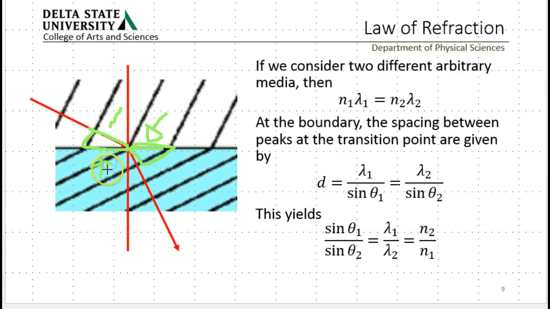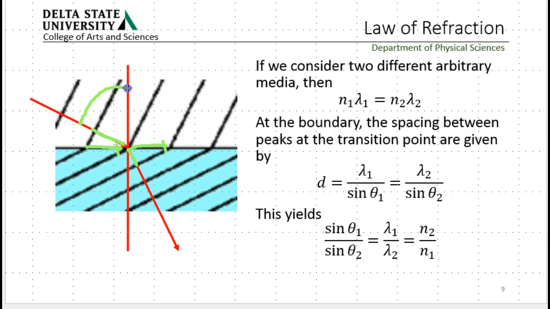In both cases, that length from here to there and from here to there is shared in common between the waves in the two media. If we call that length D, and this is a wavelength here, and this is a wavelength here, that length D is lambda 1 over sine theta 1.